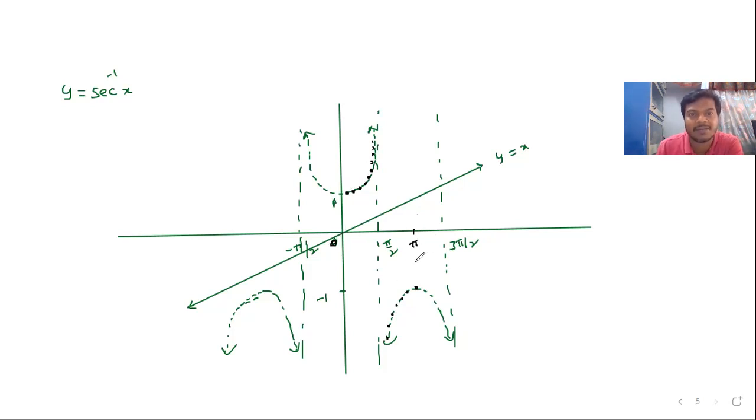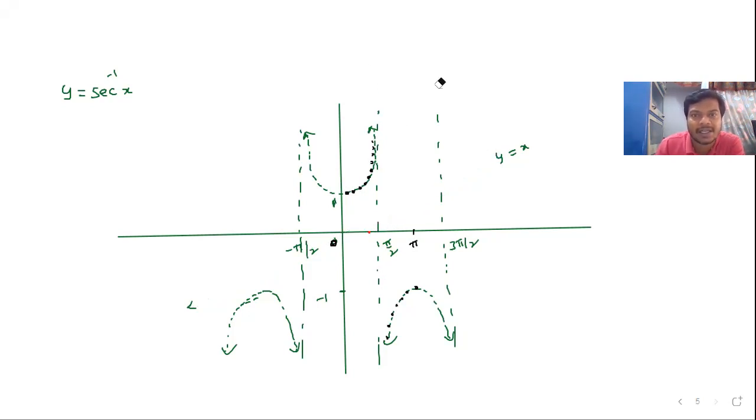If you see this graph, clearly it is both one-one and onto. So for this we have to draw the symmetric graph. It is clearly 1, right? Pi by 2 means approximately 1.5, but here it is 1. So from 1 it starts. Okay.